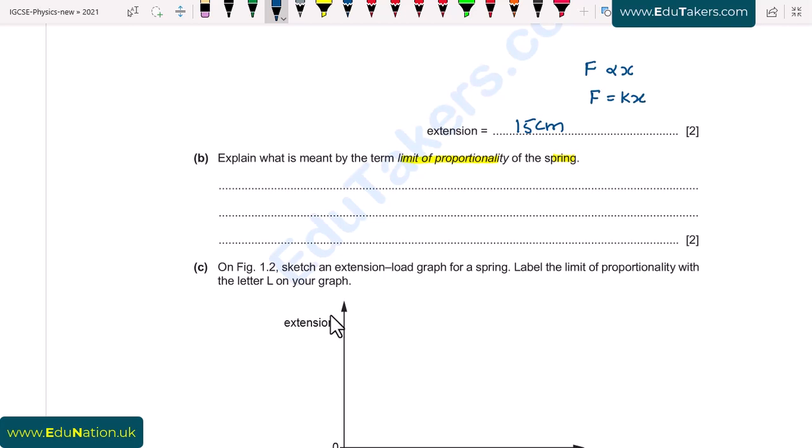So I write here: extension of a spring is proportional to load up to the limit of proportionality.